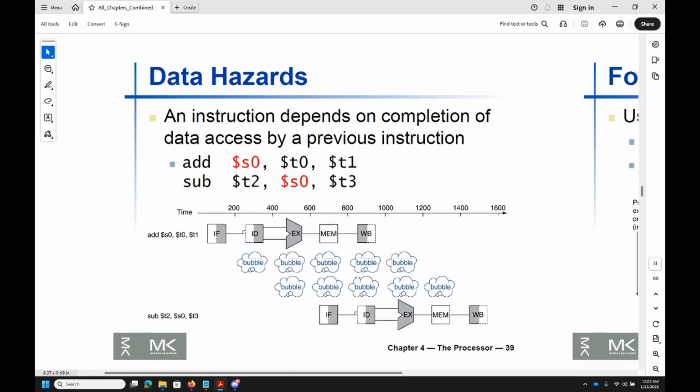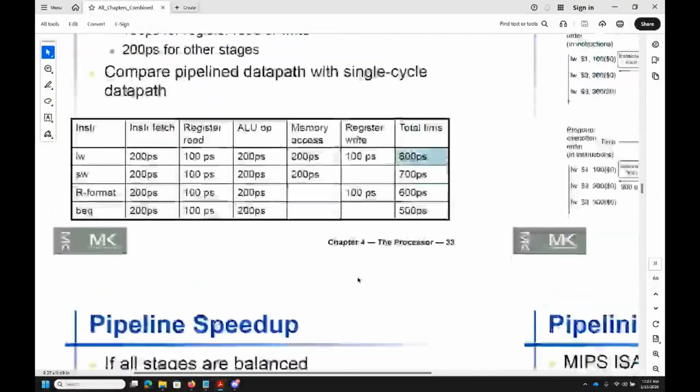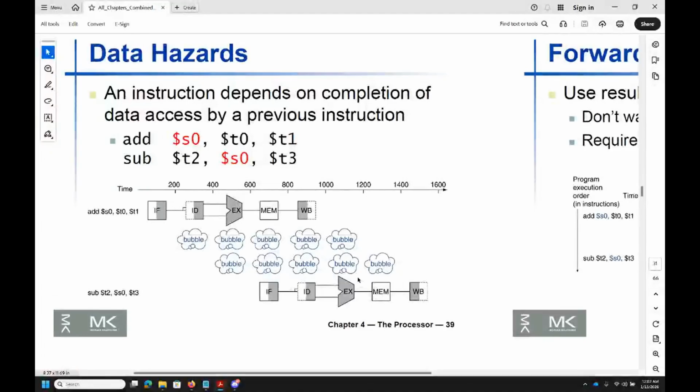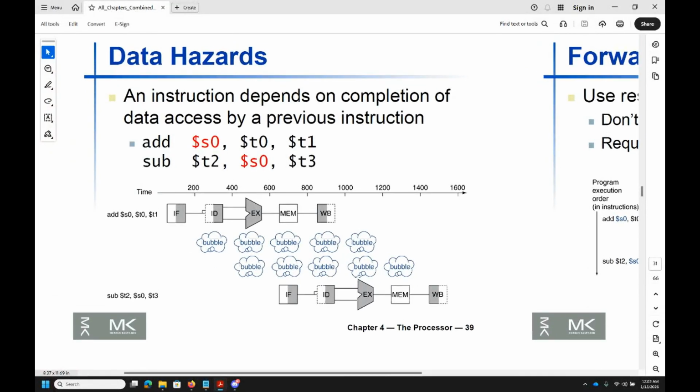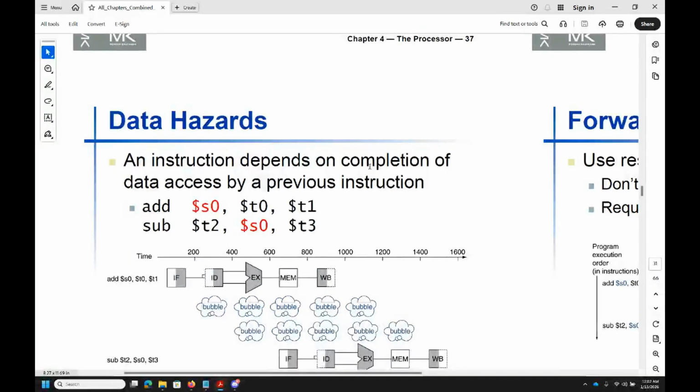Then there are data hazards. And these data hazards are a very big favorite topic; pointer analysis has a ton of data hazards that you need to worry about.